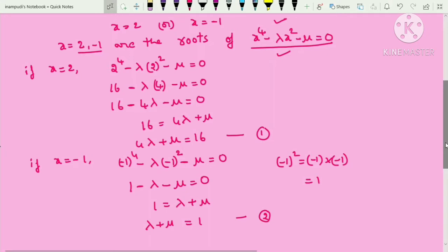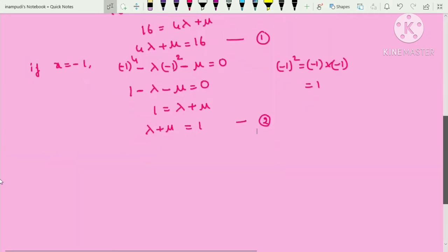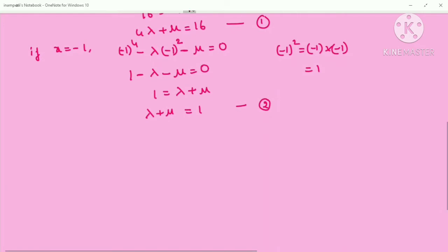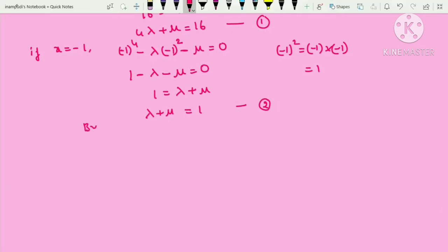By solving 1 and 2, we get 4λ + μ = 16 and λ + μ = 1.